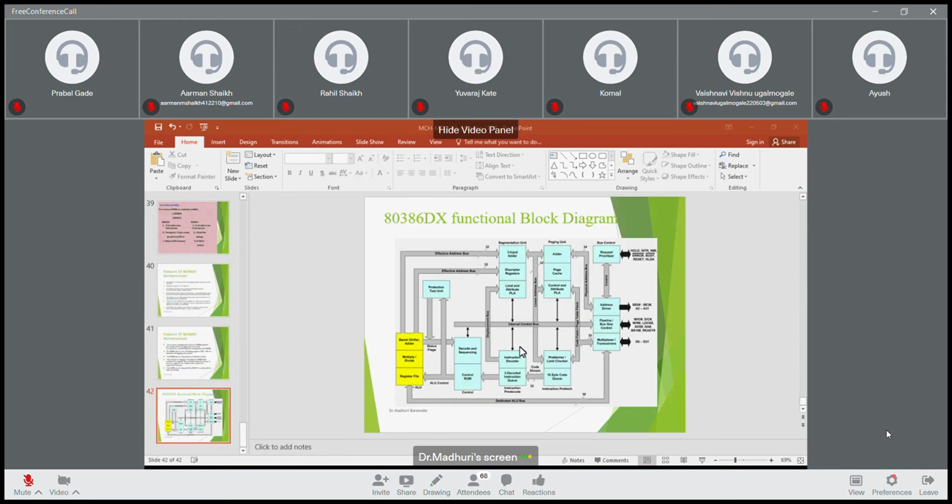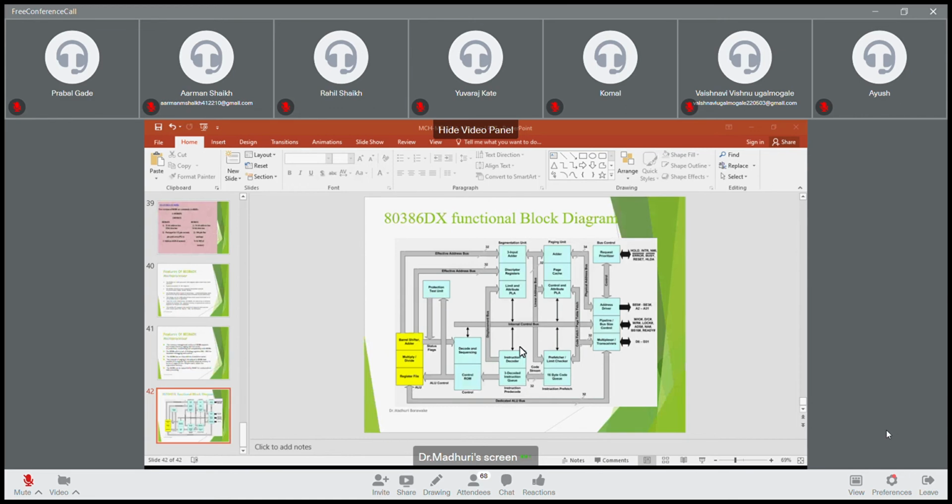The size of the general purpose register gets increased, because obviously the microprocessor size increases. So it is called the EAX register, the EBX register, that is the extended accumulator, extended base register, extended counter, that is the ECX, and extended DX, that is the data register.